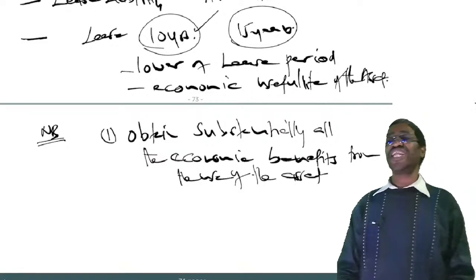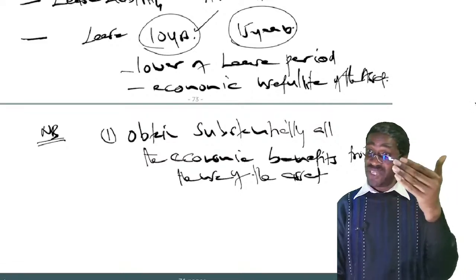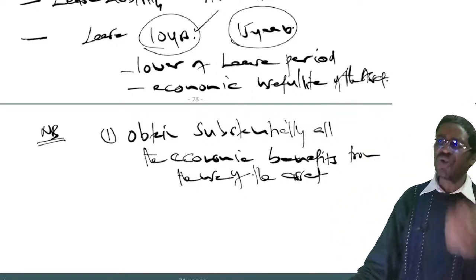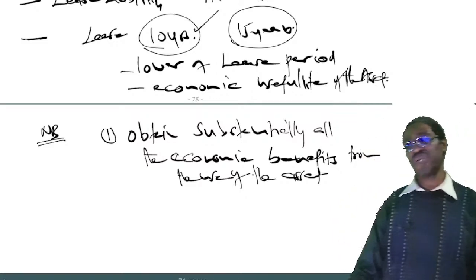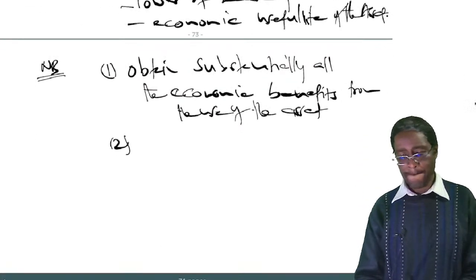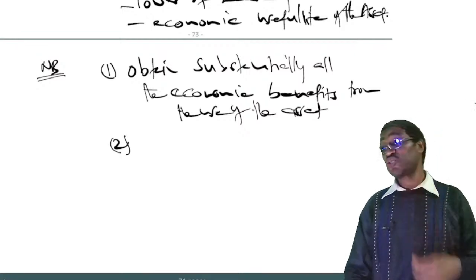We have said the lessee, which is the user, should have the right to obtain substantially all the economic benefit from the use of the asset. Number two, another condition: what other rights should he have?